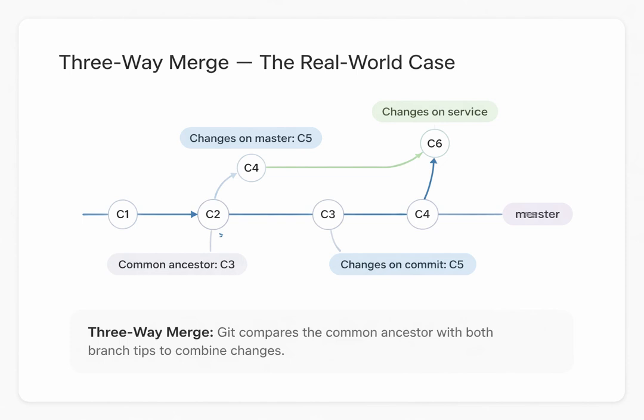Now when you try to merge, Git can't just fast forward because master has moved on. Instead, Git looks at three things: the common ancestor, C3, where both branches started, the tip of the master branch, C5, and the tip of the service branch, C4. It combines all three to create a brand new merge commit, C6. This is called a three-way merge, and it's what you'll encounter most often when working in a team.